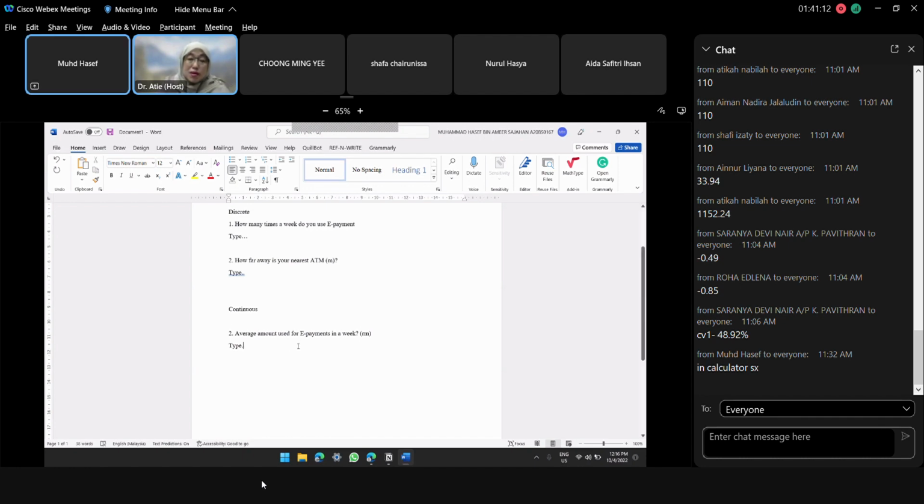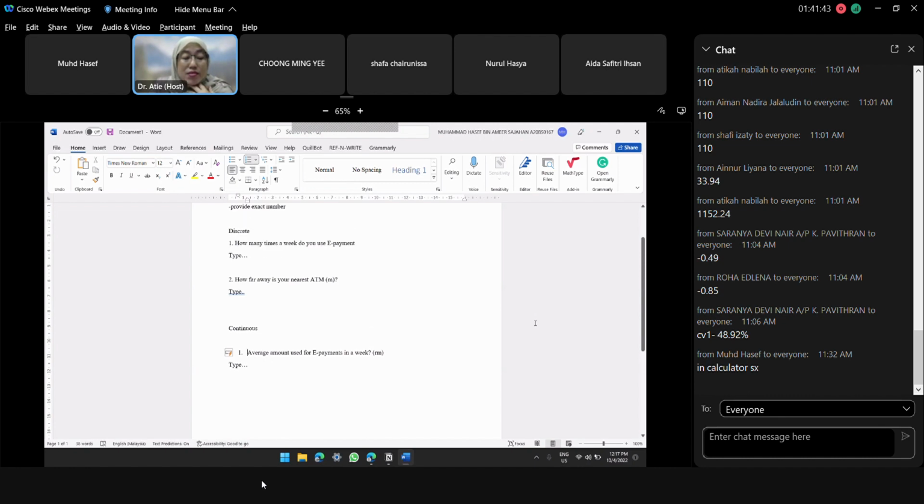I hope everybody else can understand the difference between quantitative and qualitative data. Even my PhD students have the same problem. They confuse categorical data and quantitative data. Because once you already give them options, it's no longer quantitative. It's already categorical data. Okay, good. Anything else?